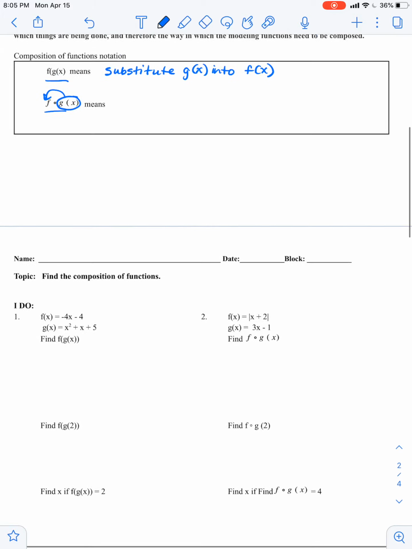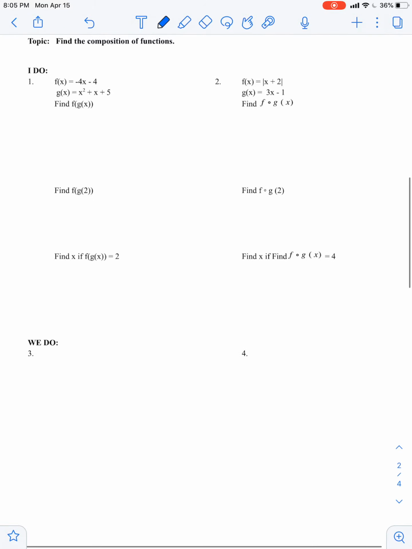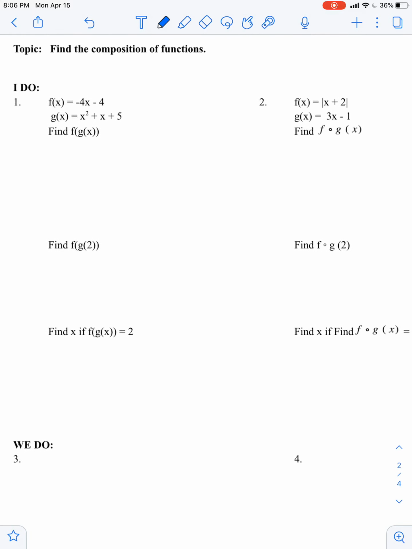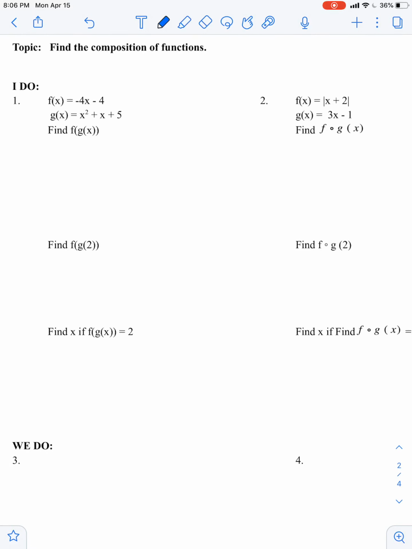So we're just going to go ahead and jump right in and look at some problems. If you'll look at this first one here, you are given that f of x equals negative 4x minus 4, and g of x is x squared plus x plus 5. And again, what this says is take g of x and put it into f. Okay, take g and put it into f.